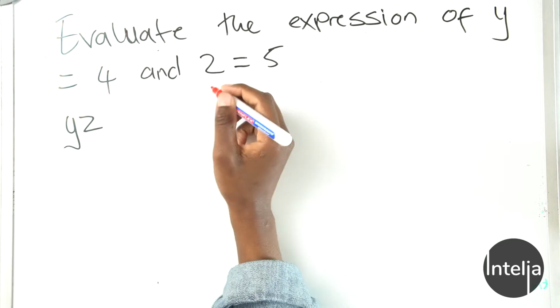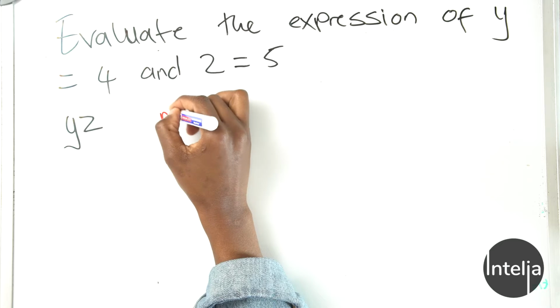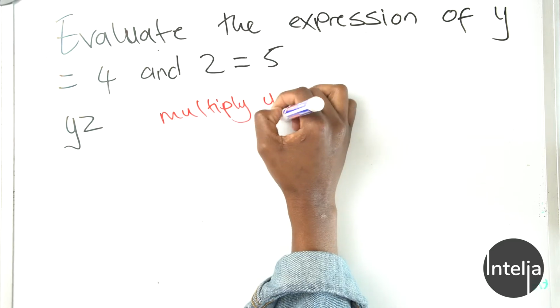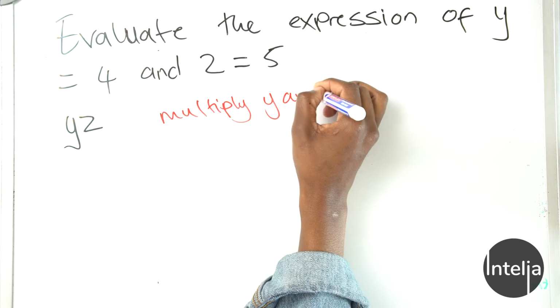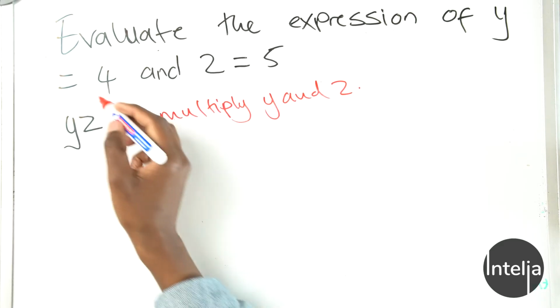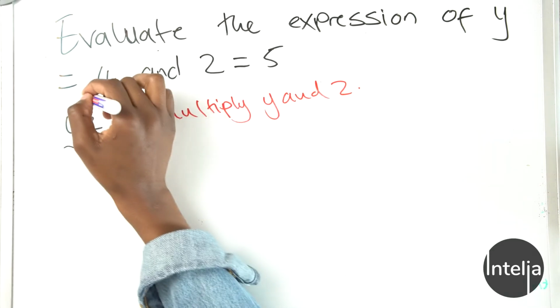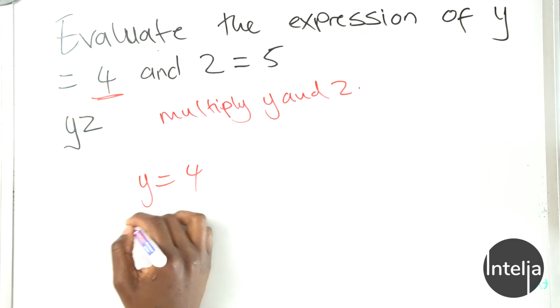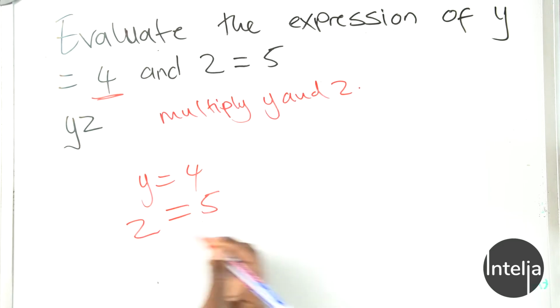So what do they mean by yz? Yz simply means you have to multiply y and z. So for y, here we have 4, y is equal to 4 and z is equal to 5.